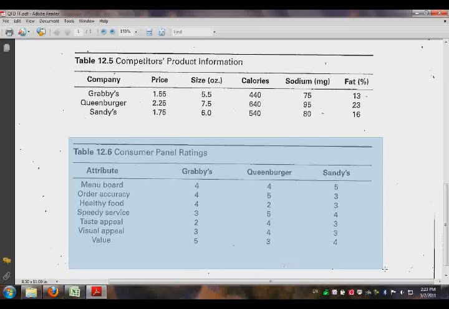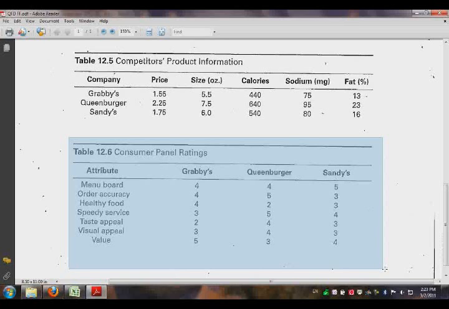So here is the table. It summarizes the design features of Bob's 3 competitors. And the results of the consumer panel rating for each of these competitors are shown in table 12.6, with a scale of 1 to 5, with 5 being the best.